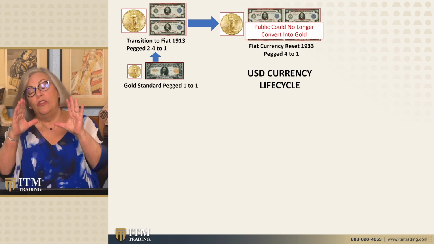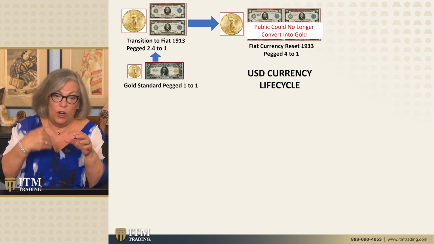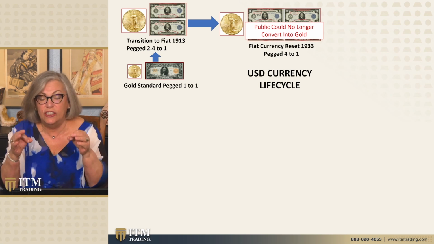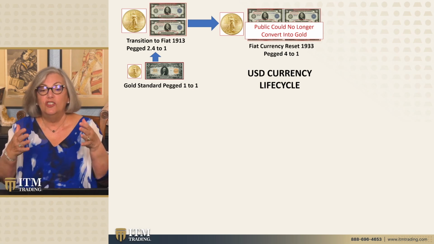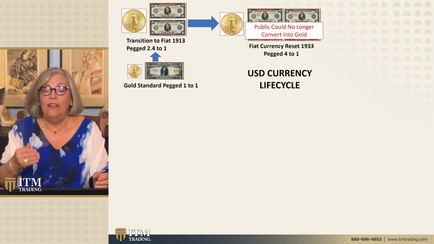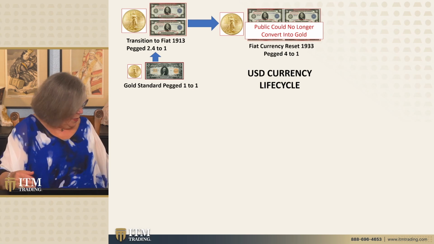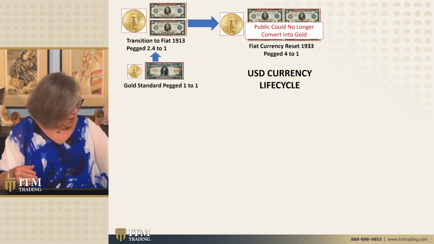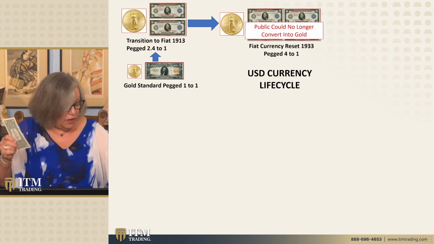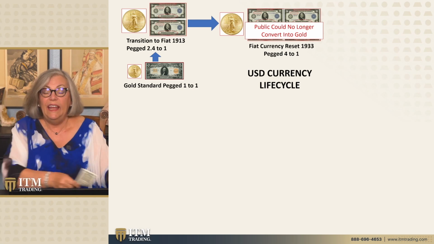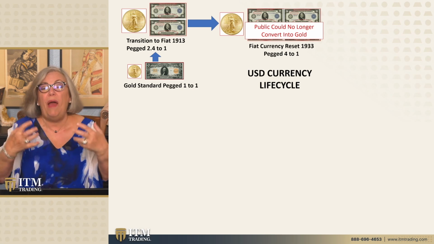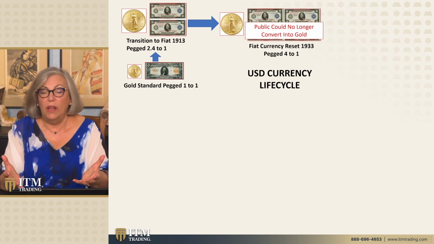Now, the reason why this is significant, and we're going to come back to this because this is such an important concept for you guys to understand, is that as long as we were on a gold standard and the citizens had the right to redeem dollar bills for gold, it put the power in the hands of the public.